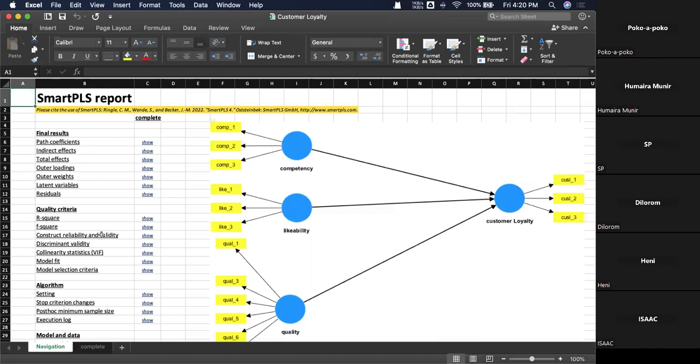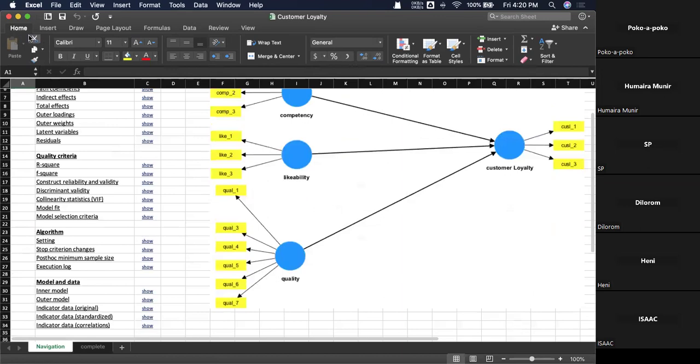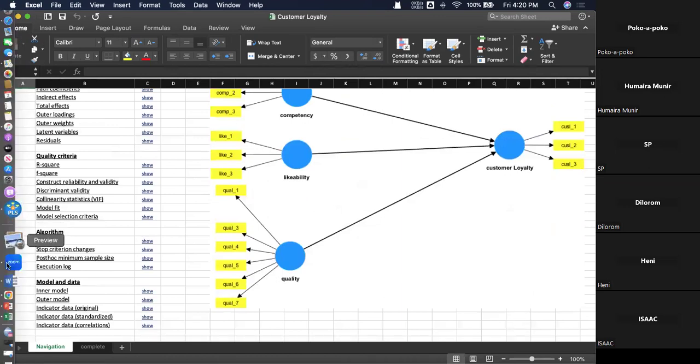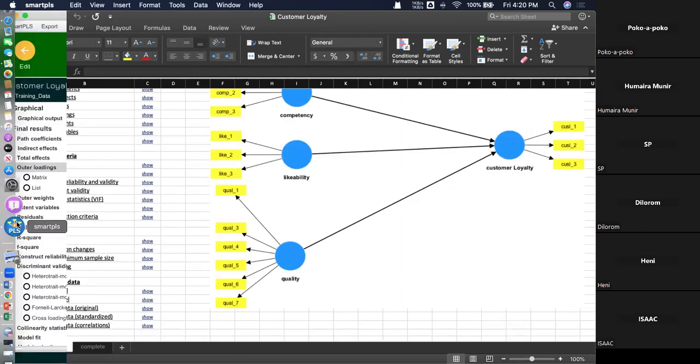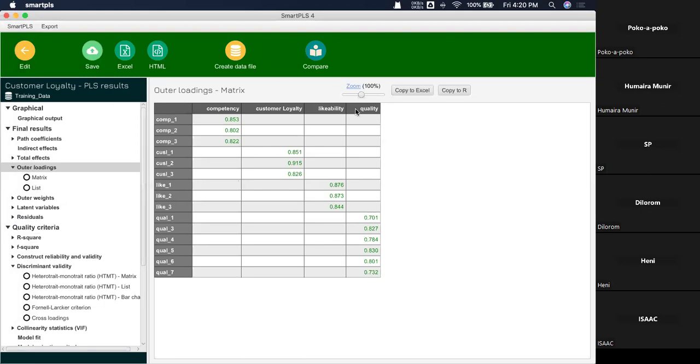Of course, you know what the discriminant and construct validity are. You know all this. So the essence of this is to show you how to export the output to Excel, where you can access it to write your final report. And probably tomorrow I'll show us how we write it in our thesis. So I'm going back to the PLS interface. So you've saved that.